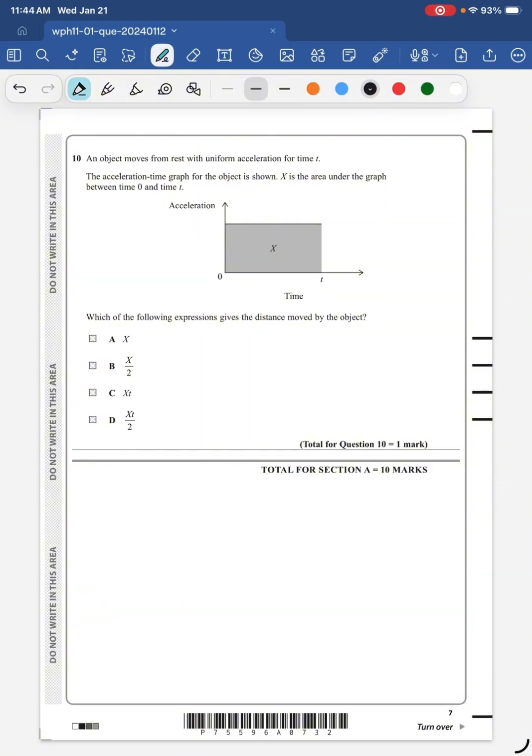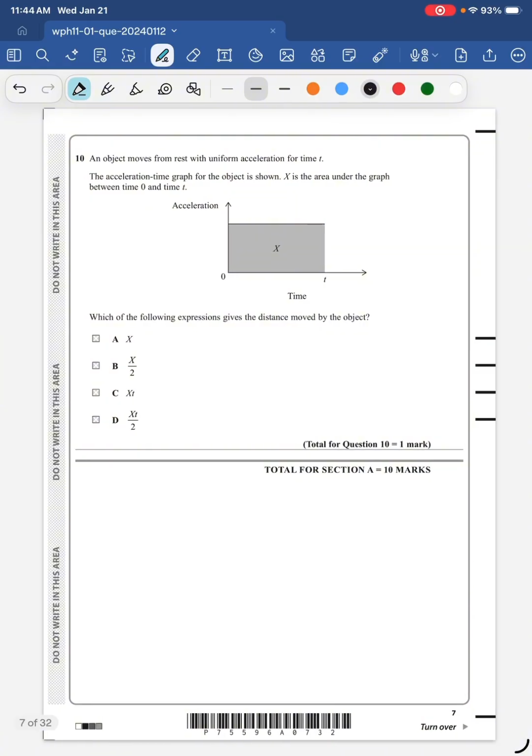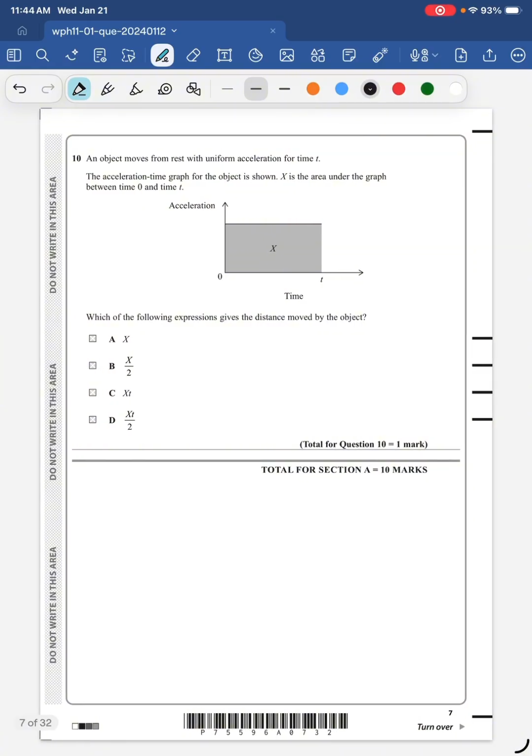Okay, question 10. An object moves from rest with uniform acceleration for time t. The acceleration time graph for the object is shown. X is the area under the curve between time 0 and time t. Which of the following expressions gives the distance moved by the object? The key here is that it moves from rest, and we are given the area under the curve.